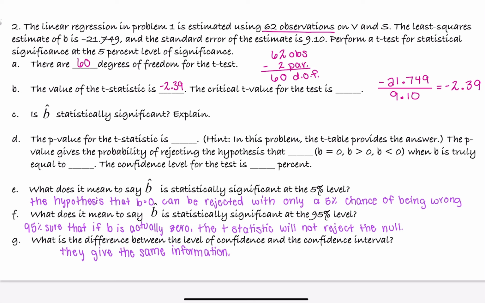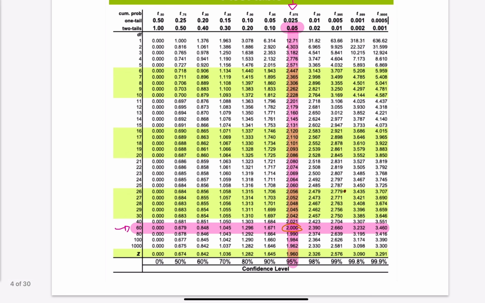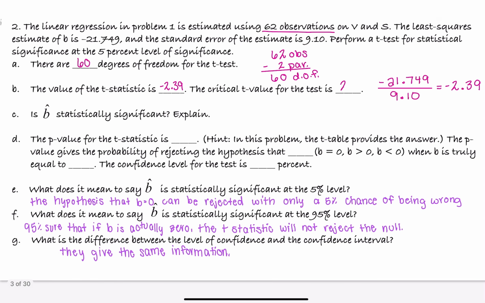And the critical t-value for the test comes from our t-table, where we're going to look at our 60 degrees of freedom, our 5% level of significance, and we see that it's a 2. So is B hat statistically significant? Yes. And we know this because the absolute value of negative 2.39 is just a positive 2.39, and that's greater than 2.